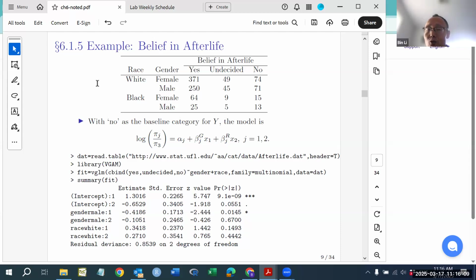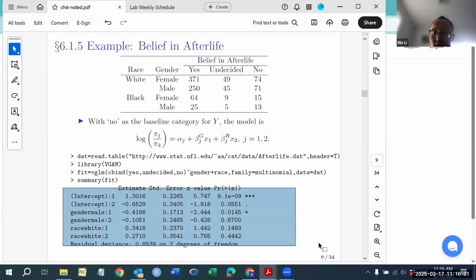You can see this is a grouped data format, right? We can show the data set through tables. This data set is available here. Still, we use the VGAM package with the vglm function, and you can see the summary of the model.